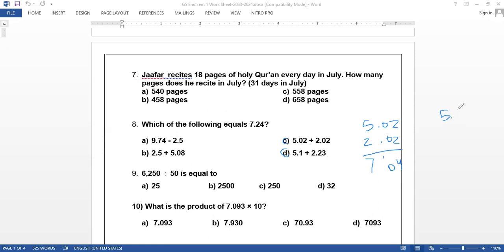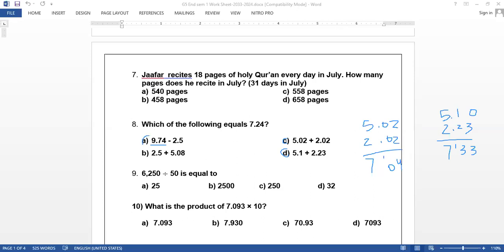5.02 plus 2.23 equals, next zero here, 3, 3, 7. So the correct answer was A, I think.